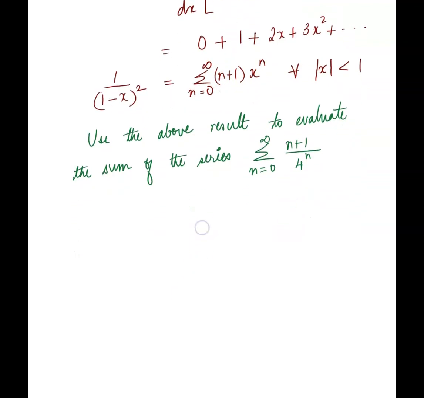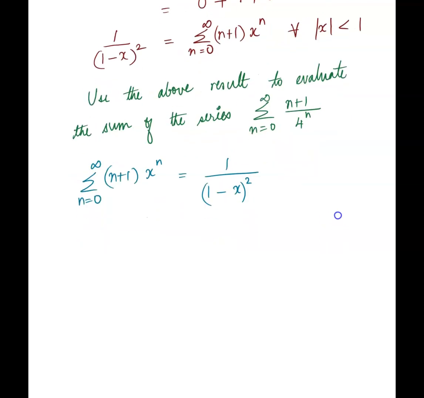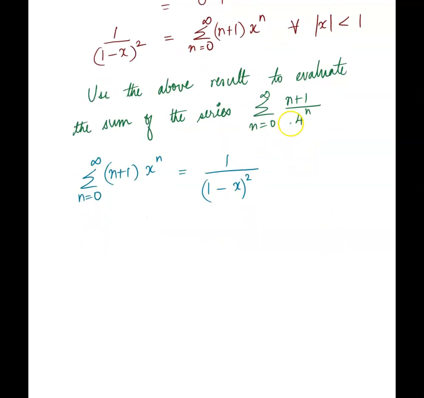All right, let's begin with the summation of n plus 1 times x power n. What we have above, we know that is 1 over 1 minus x, the whole thing squared. Now if you look at our problem, we have that n plus 1 matching.